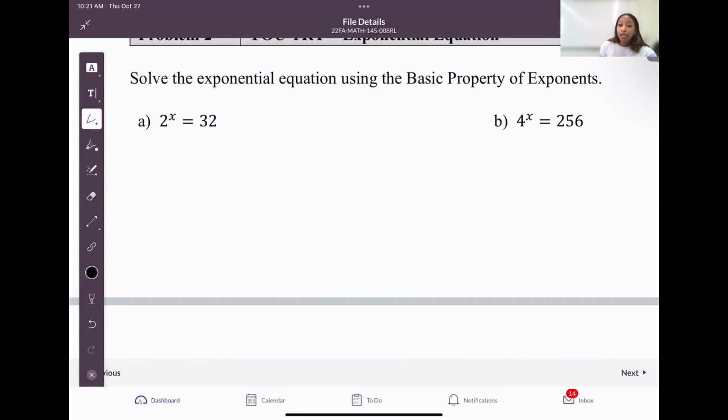We want to try to write 32 as an exponential expression to base 2. Thinking about our powers of 2, 32 is equal to 2 to the 5th power. All right. So now we have 2 to the x power is equal to 2 to the 5th power. Since our bases are the same, that must mean that x is equal to 5. Our exponents are equal too.